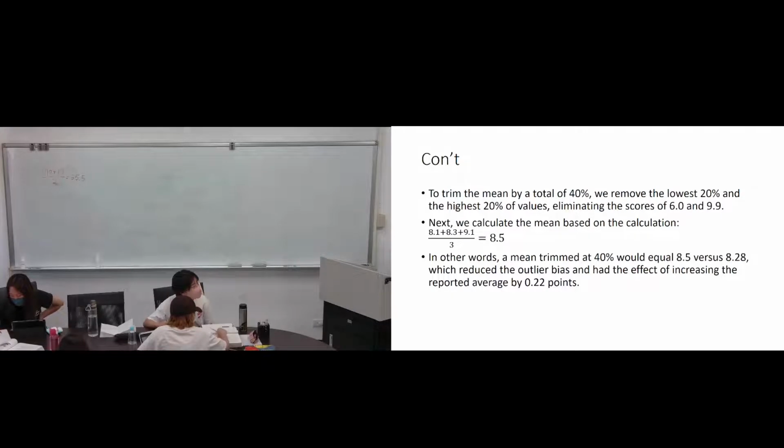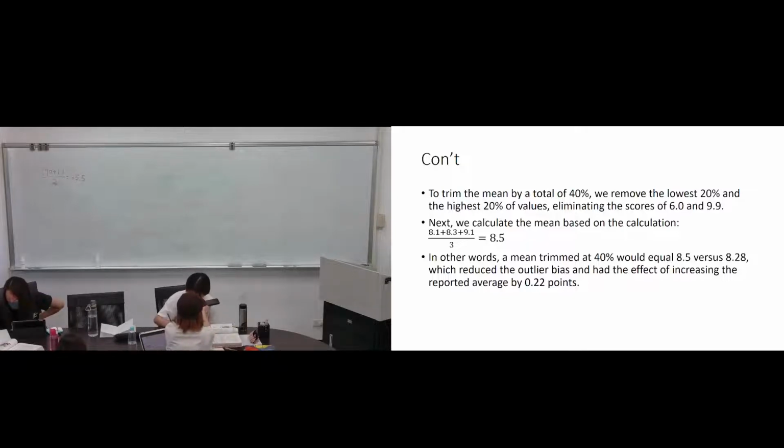Now, if the question asks us to trim the mean by a total of 40%, what should we do? We remove the lowest 20% and the highest 20% of values. There are 5 values, so each of them accounts for 20%.